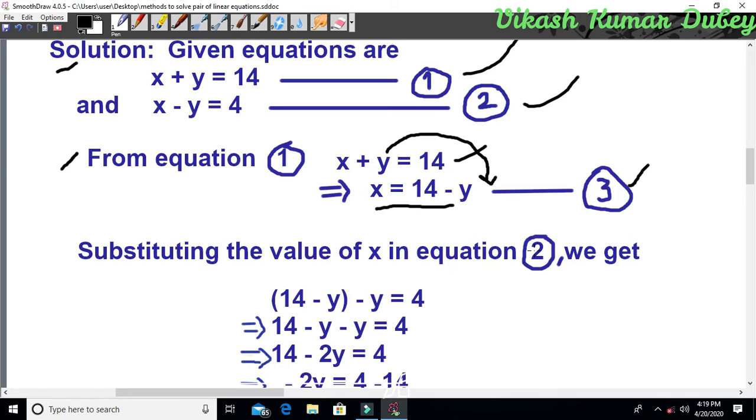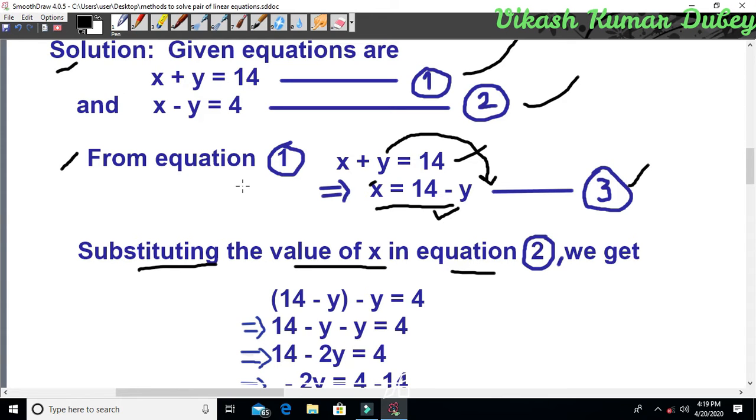Now substitute the value of x in equation 2. You have the value of x is equal to what? 14 minus y. This value you have to put in equation 2. What is equation 2?